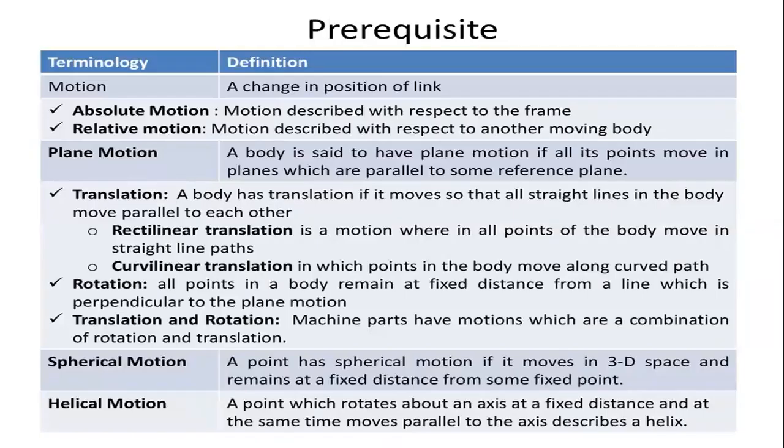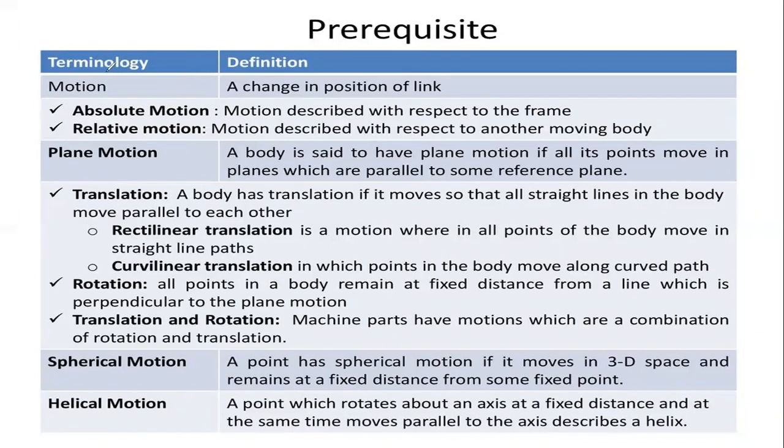Next one, we go to the terminology in these velocity and acceleration diagrams. So let's see some of the terminology and terms used in these velocity and acceleration diagrams. So first one is the motion.